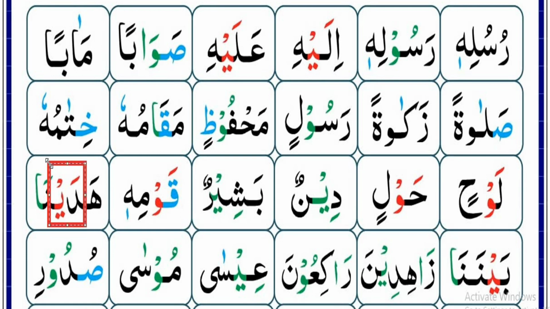So the sign before both the leen letters is always a fatha. So waw is a leen letter, and that last sound will be stretched because of that standing sign. Qawmihi. And the next is ha fatha ha, dal ya fatha day, haday, noon alif fatha na, hadayna.